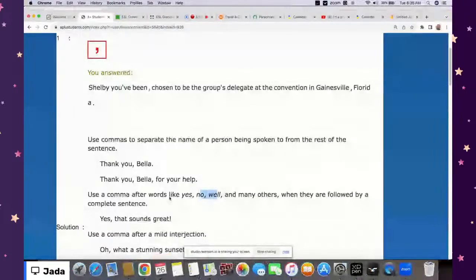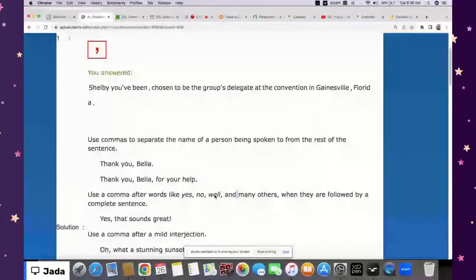There are a lot of words like this that you put a comma after, before you use another complete sentence. So you have to put a comma after "yes" or "well" and some other words.